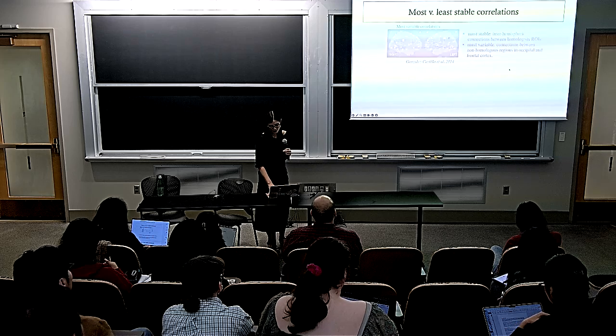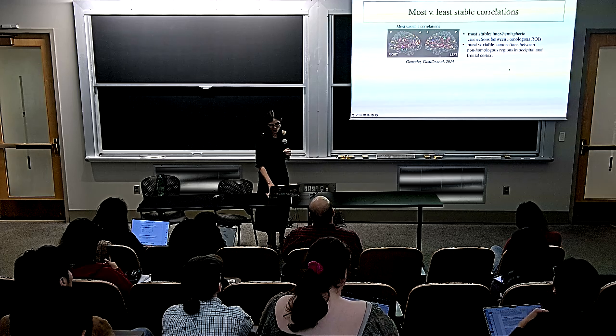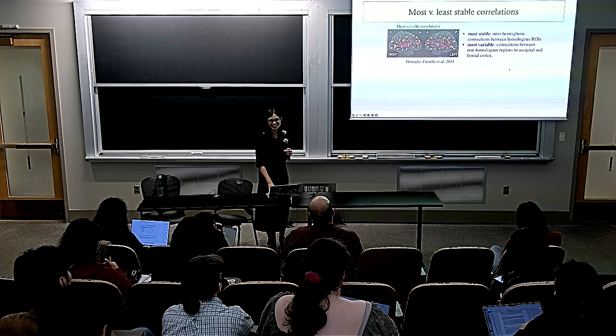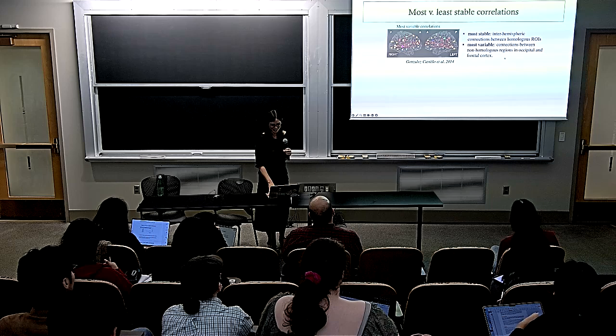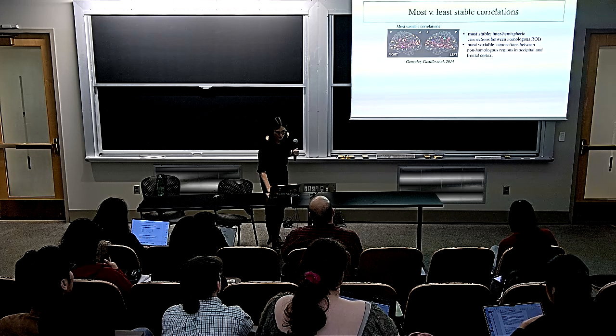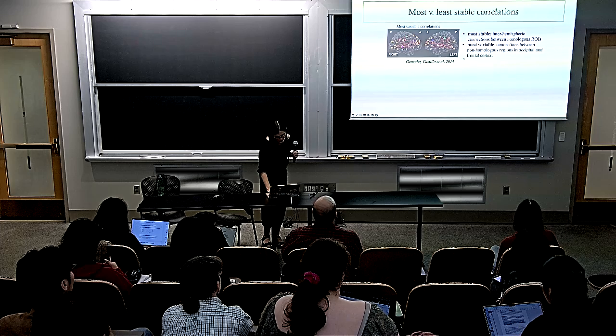So one study actually just asked which connections in the brain tend to be the most or least variable. Kind of a nice basic analysis to do when you're first starting to consider what dynamic features are present.